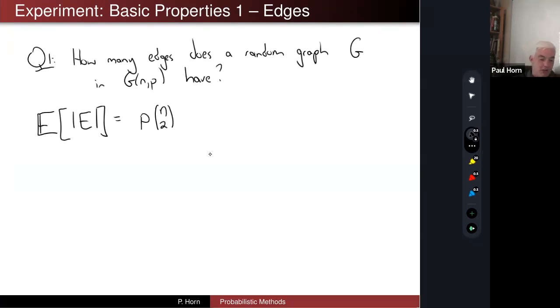But of course, this just means that sometimes I have more edges than this, sometimes I have fewer edges than this. How close should this actually be?